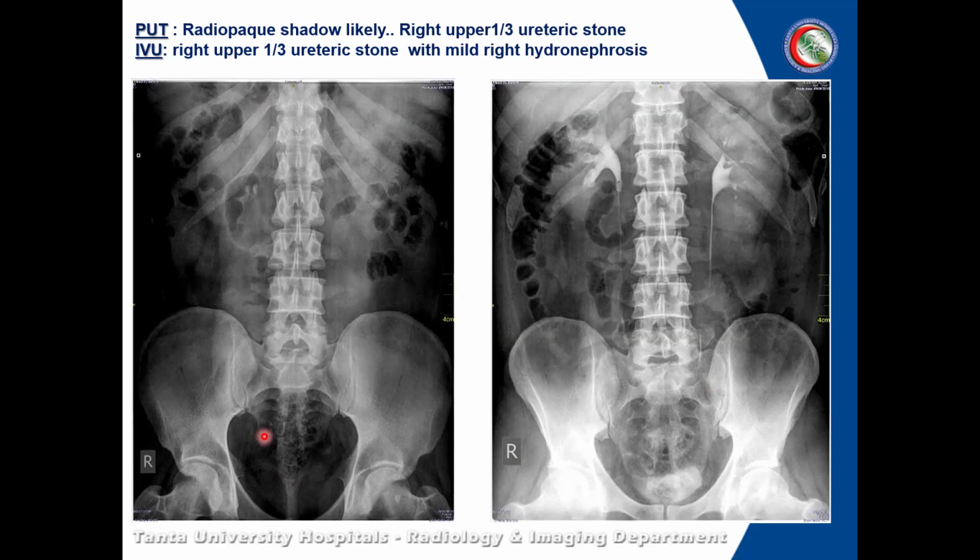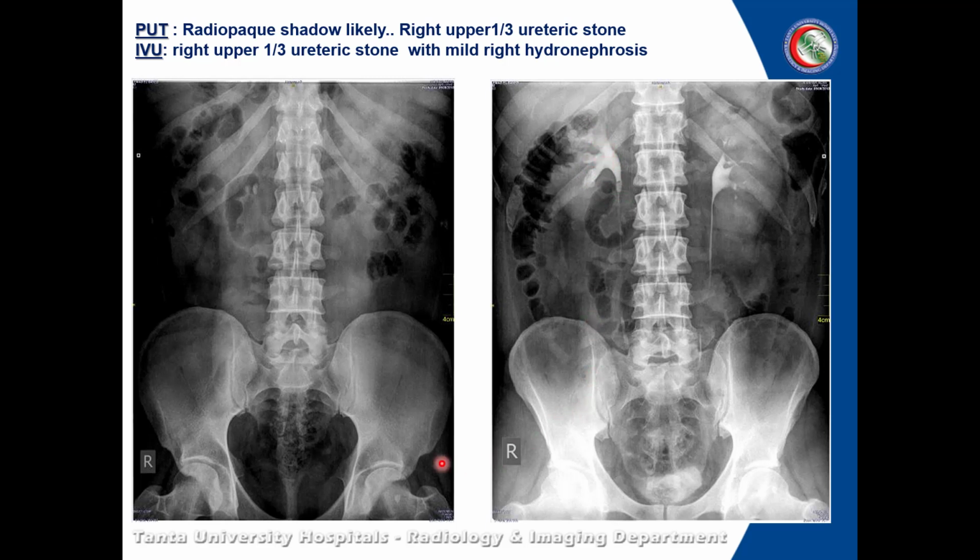Another case, this case of PUT showing there is a stone in the region of the upper part, or upper third, of the ureter, and after injection of IV contrast medium, this is IVU, there is a filling defect in the region of the upper third of the right ureter, which means that it is a ureteric stone with associated mild dilatation or hydronephrosis.